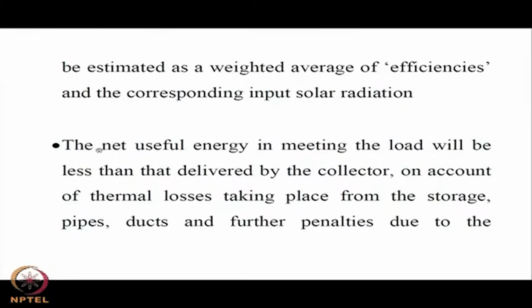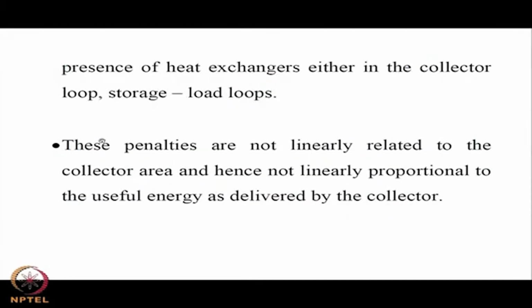The net useful energy in meeting the load will be less than that delivered by the collector on account of thermal losses taking place from the storage, pipes, ducts, and further penalties due to the presence of heat exchangers either in the collector loop, storage, or load loops. And what I was trying to say is my performance cannot be linearly proportional to that delivered by the collector.